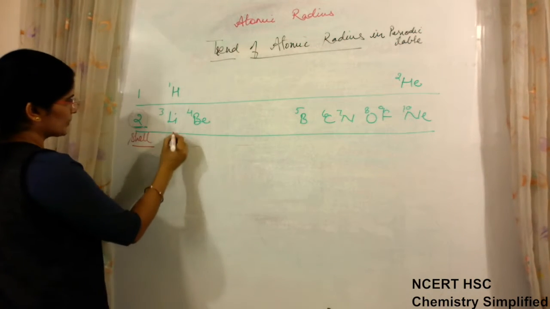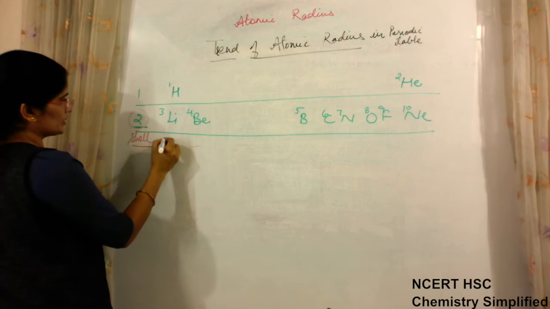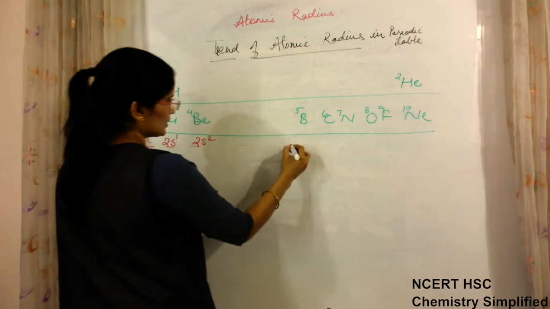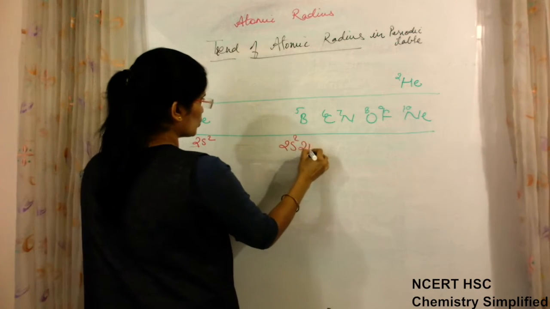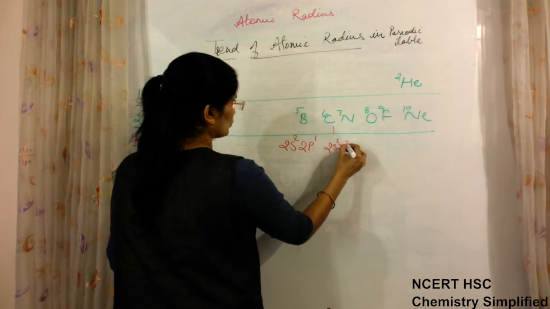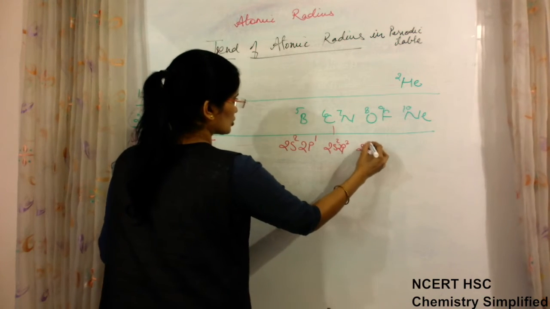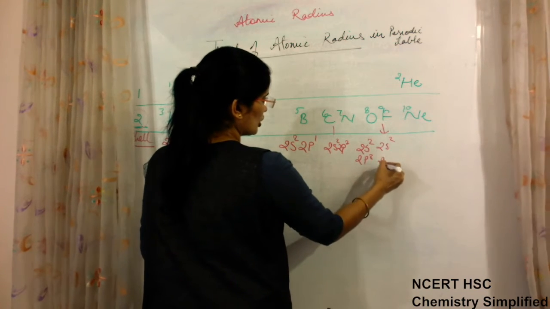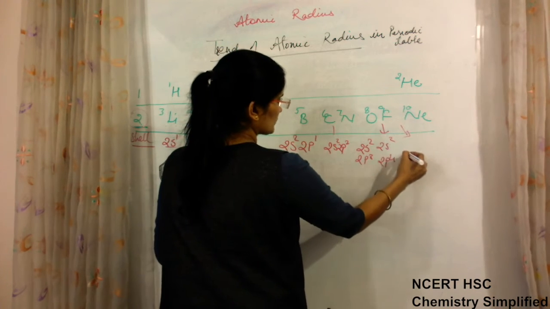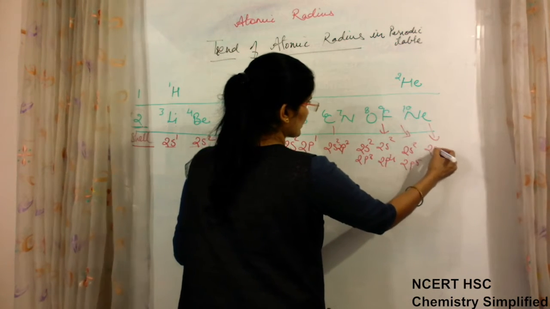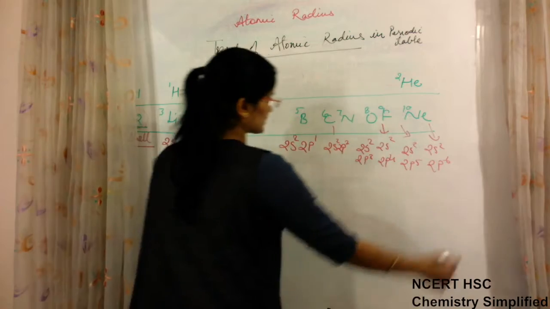That means if it is the second shell here, so it is 2s1, this is 2s2, this is 2s2 2p1, this is 2s2 2p2, this is 2s2 2p3, this one is 2s2 2p4, this one is 2s2 2p5, and this one is 2s2 2p6.